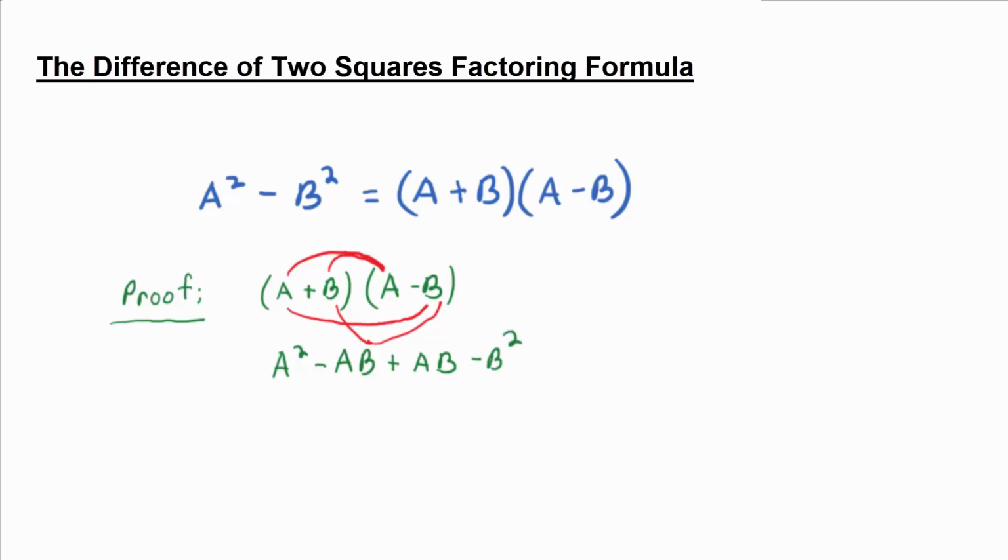Now what happens in the middle here? Minus ab plus ab? They make 0 when you add them together, right? Anytime you add a number plus its opposite, you get 0. And then, of course, you're left with a squared minus b squared. And that completes the proof.